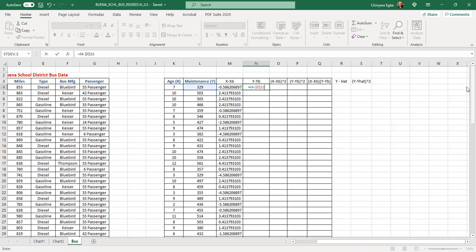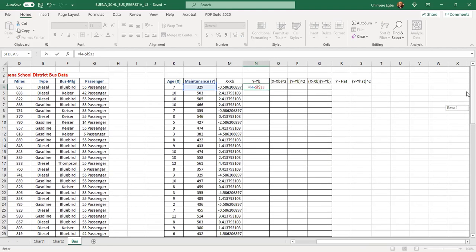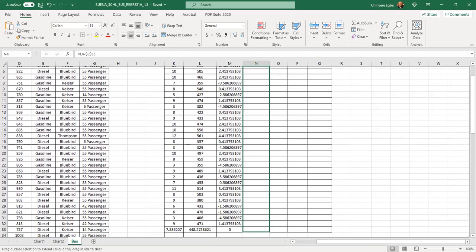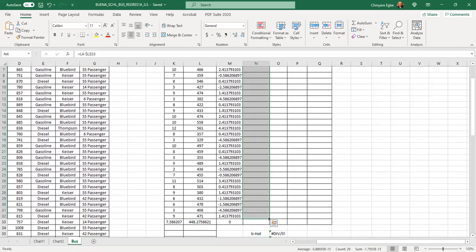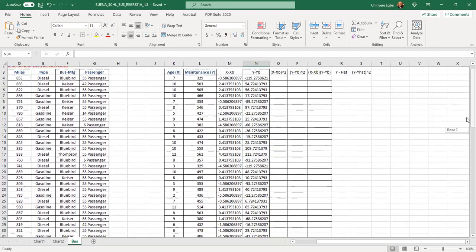You can see L33 is highlighted, and that is just a way to fix the location. So we get those numbers, and if you sum, you get 0. So that means our calculation is making sense.